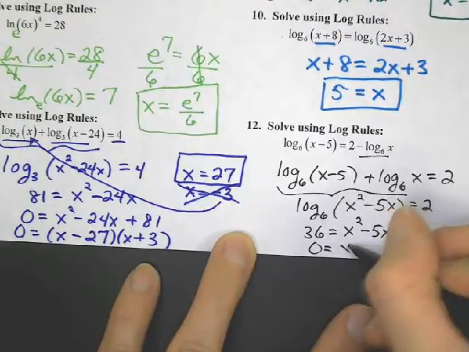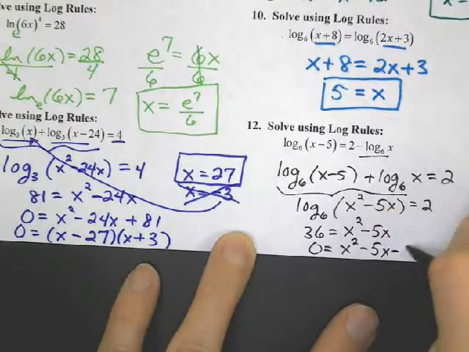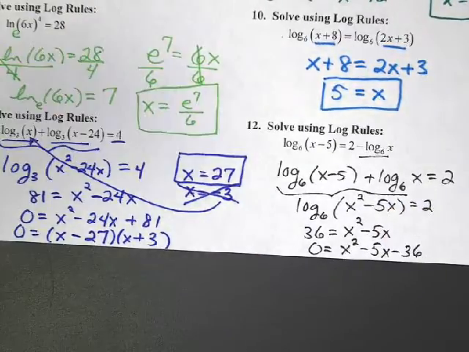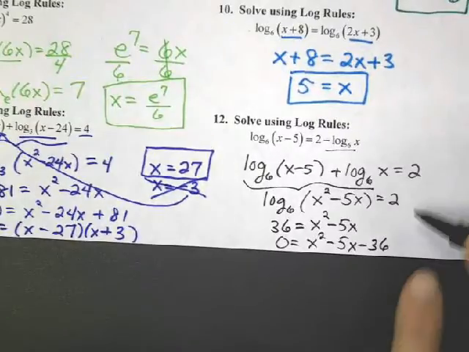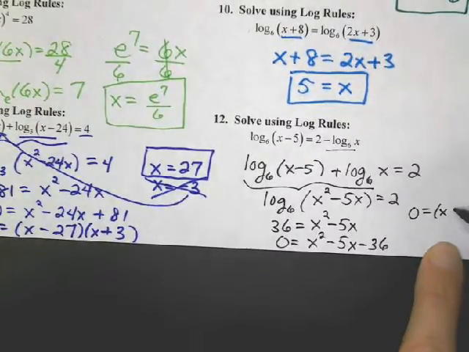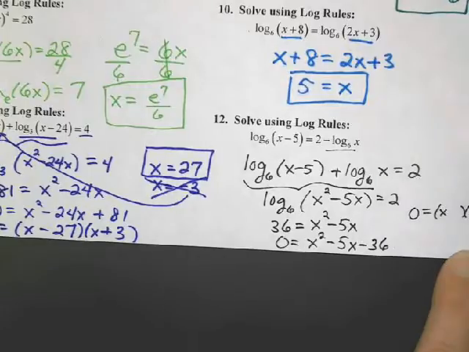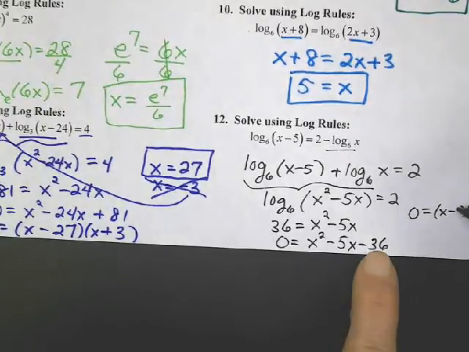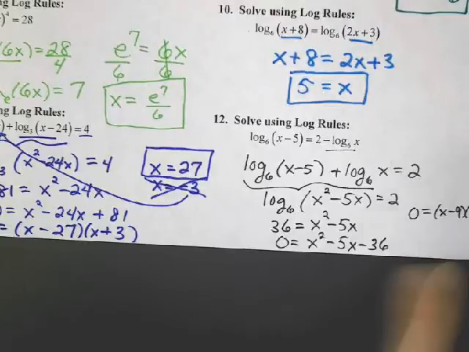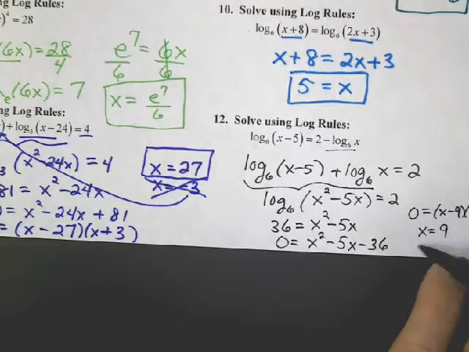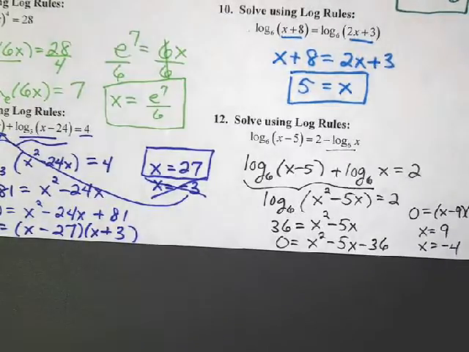Quadratic needs everything moved over to one side. Minus 36, and I'm going to try to factor this. So 0 equals, let's see, 9 times 4, minus 9, positive 4. So x equals 9 and x equals negative 4.